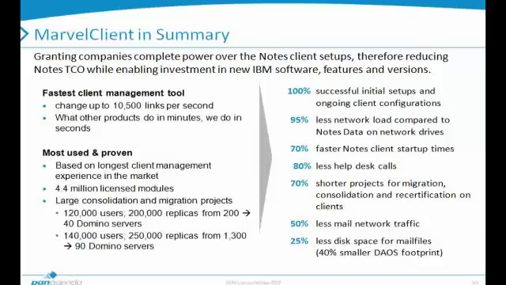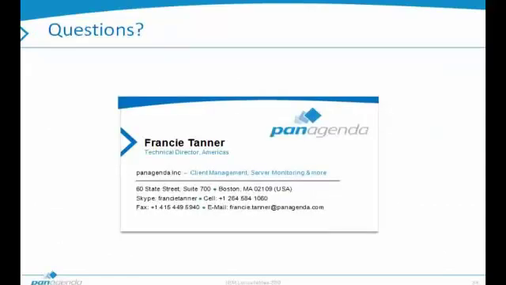So, as you already learned earlier, we can do 100% successful initial node setups and ongoing client configuration. We can help you tremendously with reducing your network, your bandwidth, and your disk drive requirements. We can help make Notes faster, have fewer support calls, have shorter projects, and just plain less traffic.